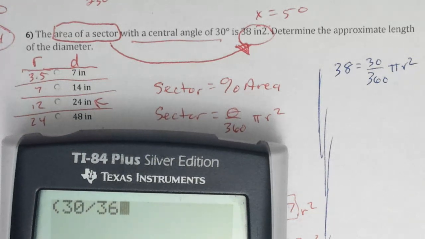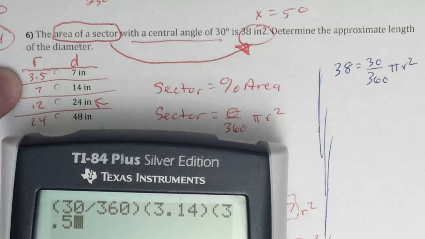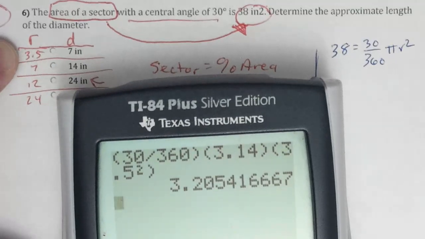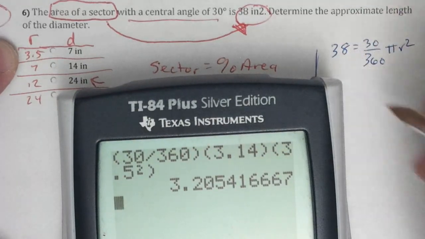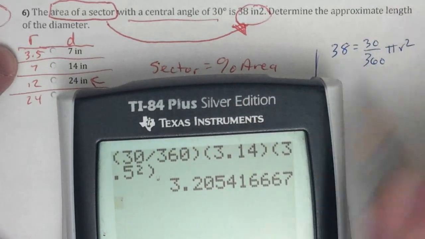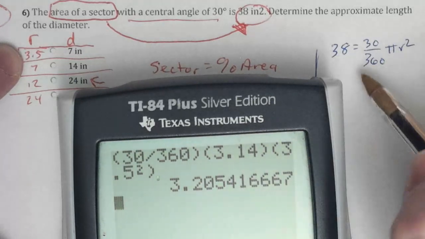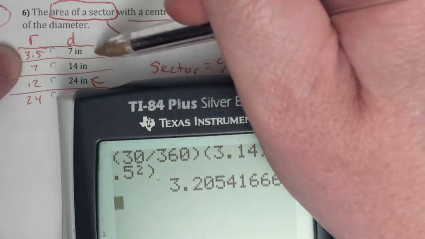So 30 divided by 360 times 3.14 times your r, which is 3.5 squared. I would get this number right here. Is that what I want? No, I want 38. So if I plug this 3.5 into here, I would get 3.2. I want 38, so that doesn't work.